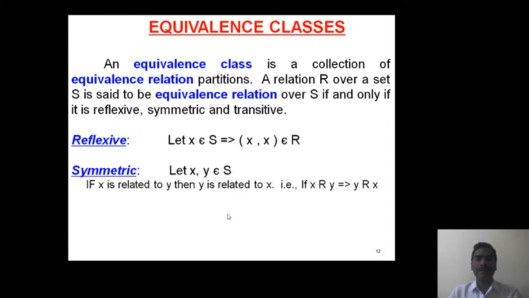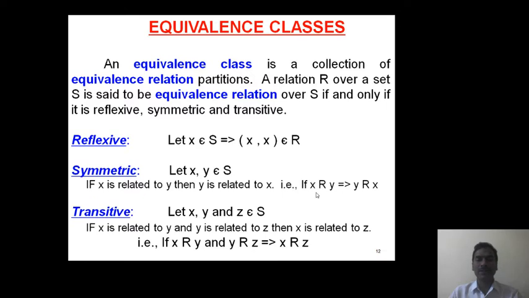Then symmetric: let X, Y belong to S. If X is related to Y, then Y is related to X. This property is known as the symmetric property.